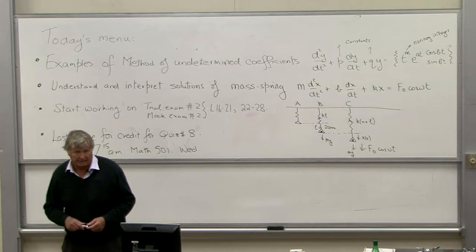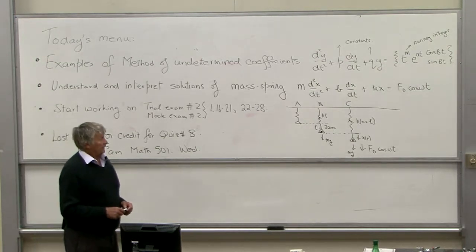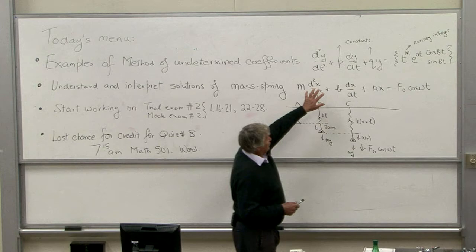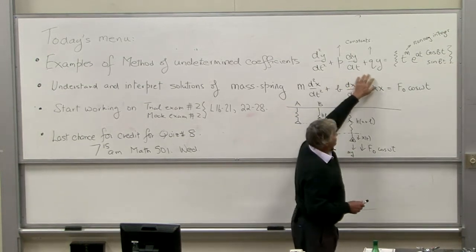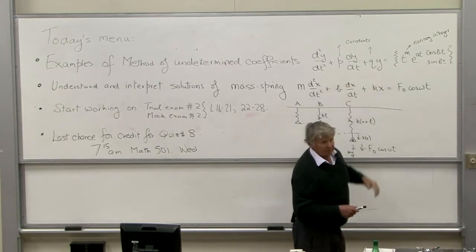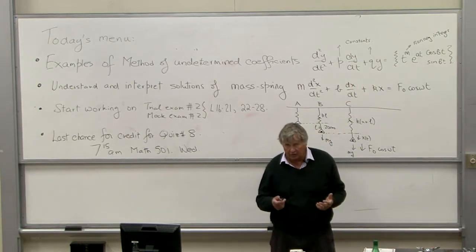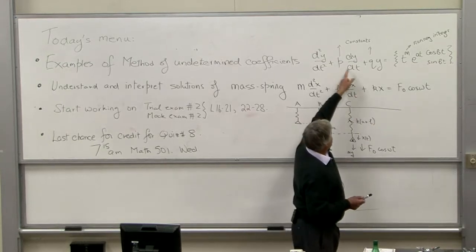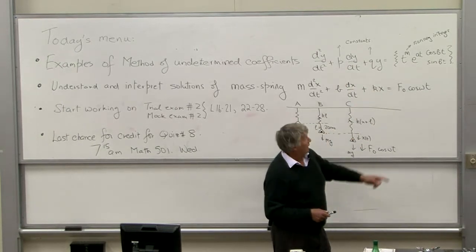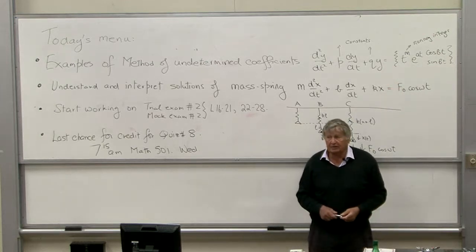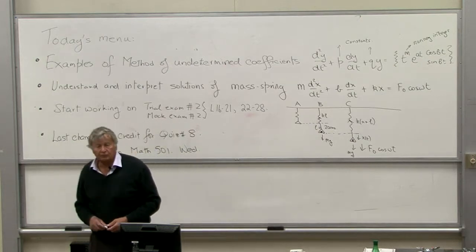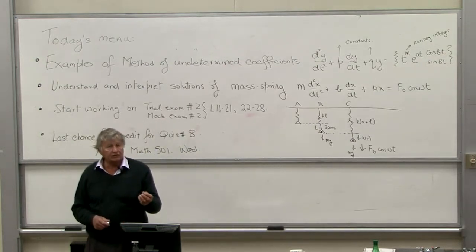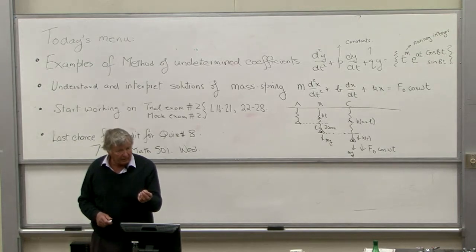given right-hand sides. Now, let me remind you what the rules are. The equation has to be of this form, or it could be higher order, but as long as the coefficients, here P and Q, are constants, and the right-hand side has to be combinations of functions each of which has the form t to a non-negative integer power. 1 over t doesn't work.